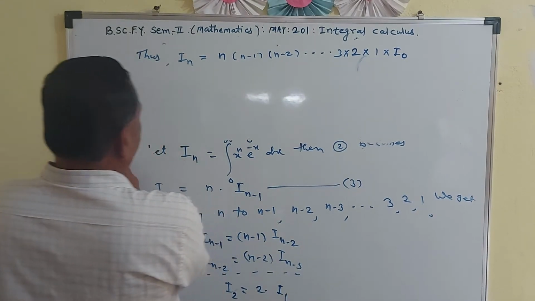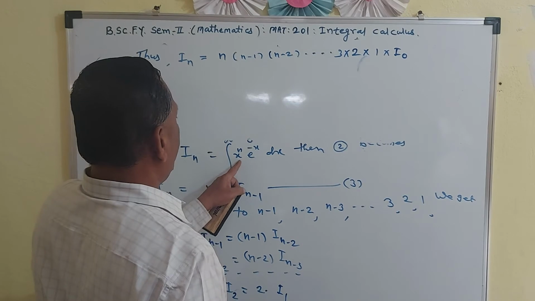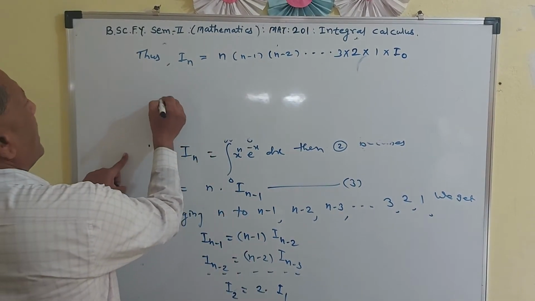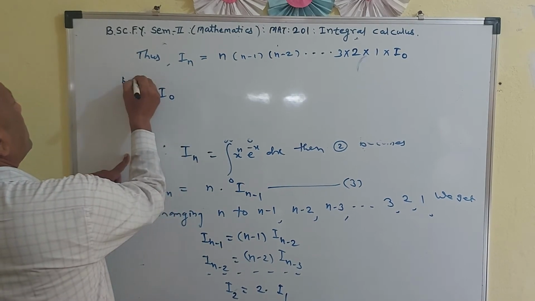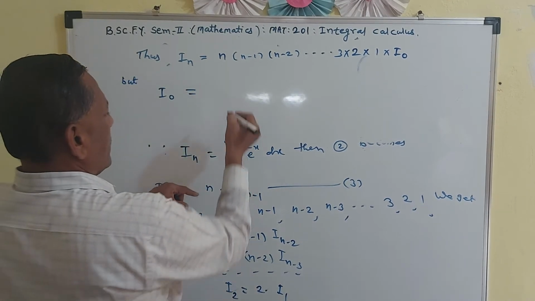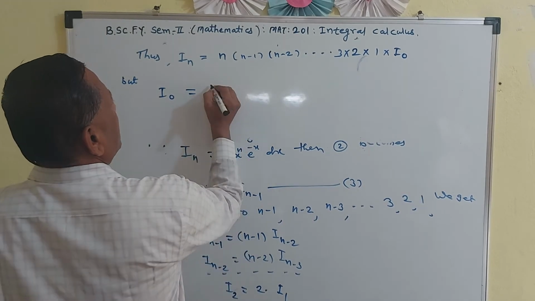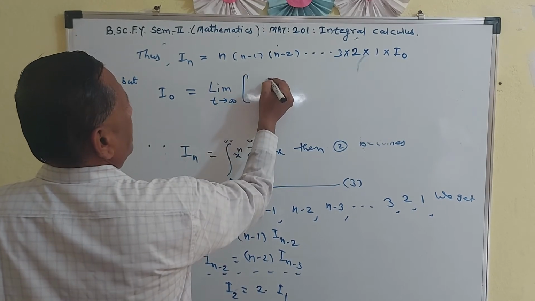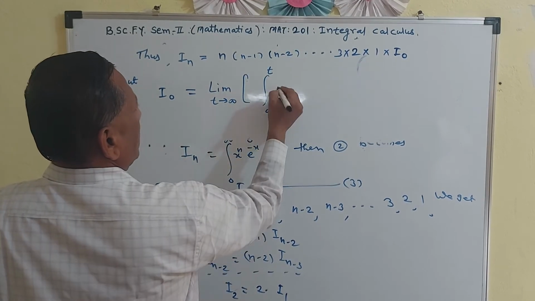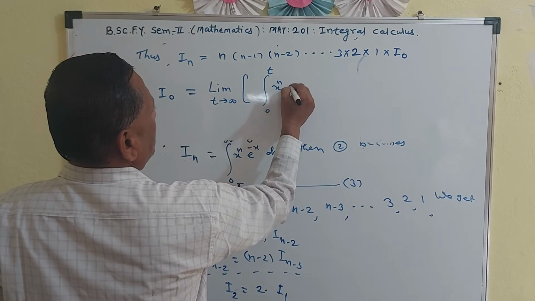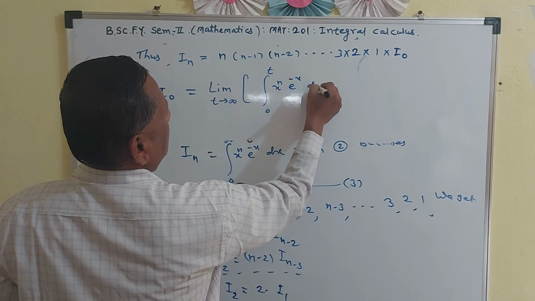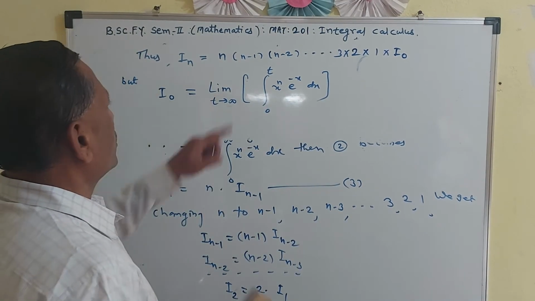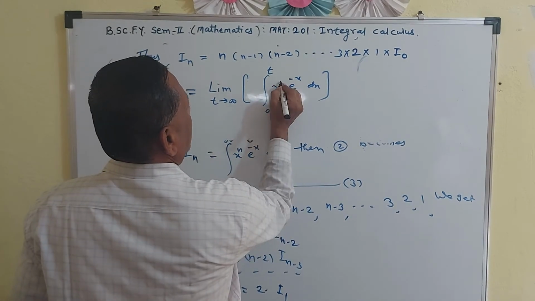So what is I0, but what is In? In is equal to the integration from 0 to infinity of x raised to n into e raised to minus x. So I0 is equal to the improper integral, limit as t tends to infinity of the integral from 0 to t of x raised to n into e raised to minus x dx. n is equal to 0, means here x raised to 0.